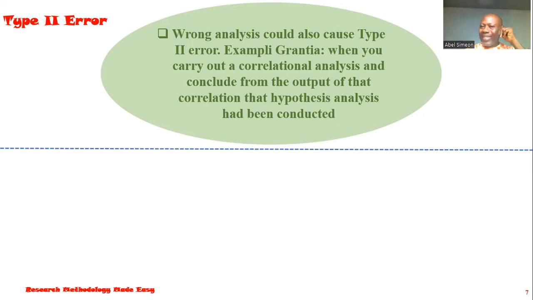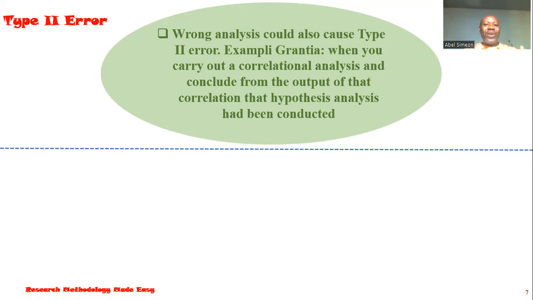Exempli gratia, for example, when you carry out a correlational analysis and conclude from the outcome of that analysis that a hypothesis has been analyzed, that you have conducted a hypothesis test.